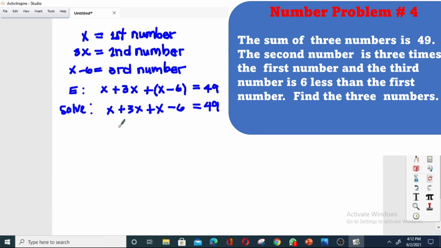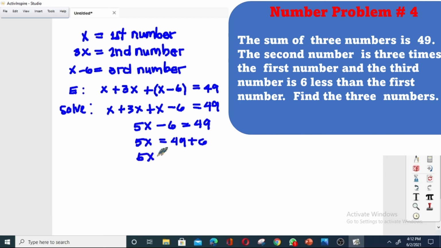So x plus 3x plus x is 5x. Just add the similar terms, is equal to 49. So therefore, transpose negative 6 to the right, is equal to 49 plus 6.